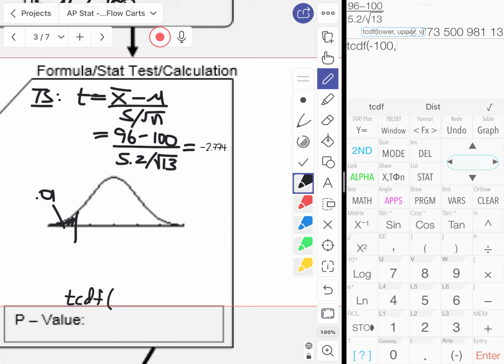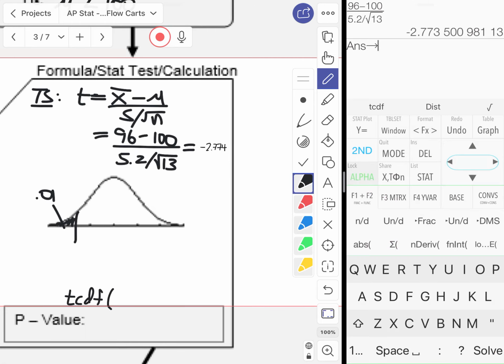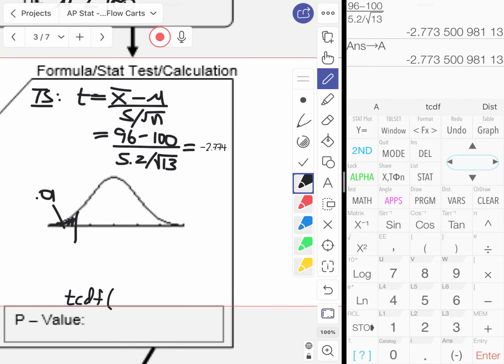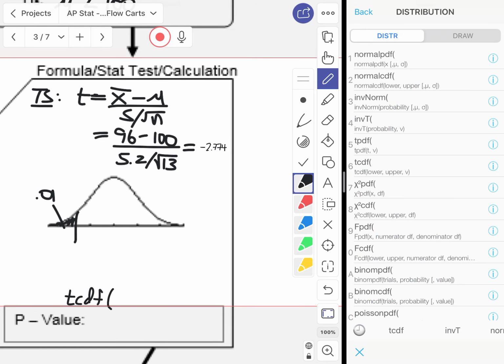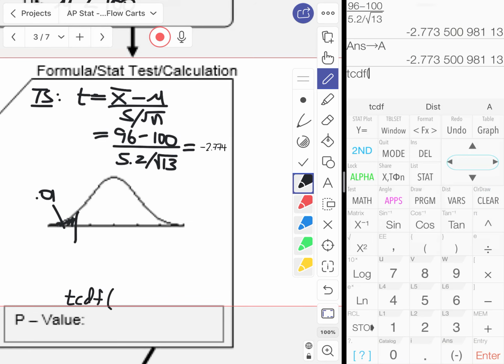If you go extreme enough, you don't have to put other values in, but I'm just going to do it. Let me store this in as A. So then I'll do my tCDF negative 100 comma A, and then degrees of freedom would be 12 because 13 minus 1. The degrees of freedom is n minus 1.